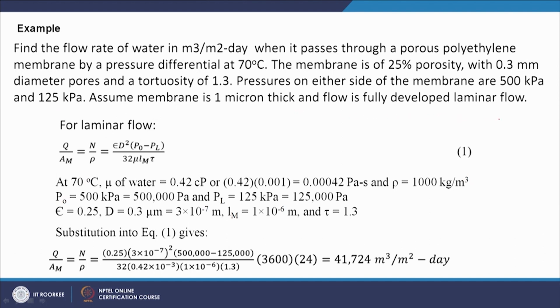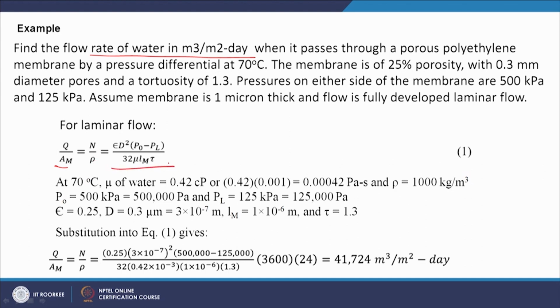So, we have the formula for laminar flow, Q by AM, and we have to calculate that flow rate in meter cube per meter square per day. That is Q by AM equal to N by rho, and this formula we have used in our previous discussion.